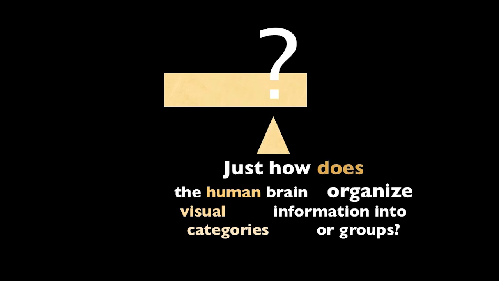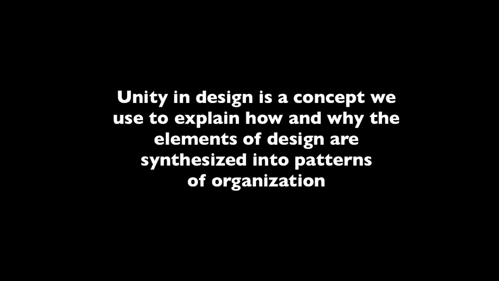There's a shape there with "does human visual categories," and then there's "brain organize information into" groups. There's also the idea here of things in front and things behind. So we have the question mark in front of the yellow shape, which is a little darker, the lighter shape of the question mark coming forward. So yes, our brain does look at things and then decides where everything is in space and decides, how does this feel? Does it feel off kilter or does it feel balanced?